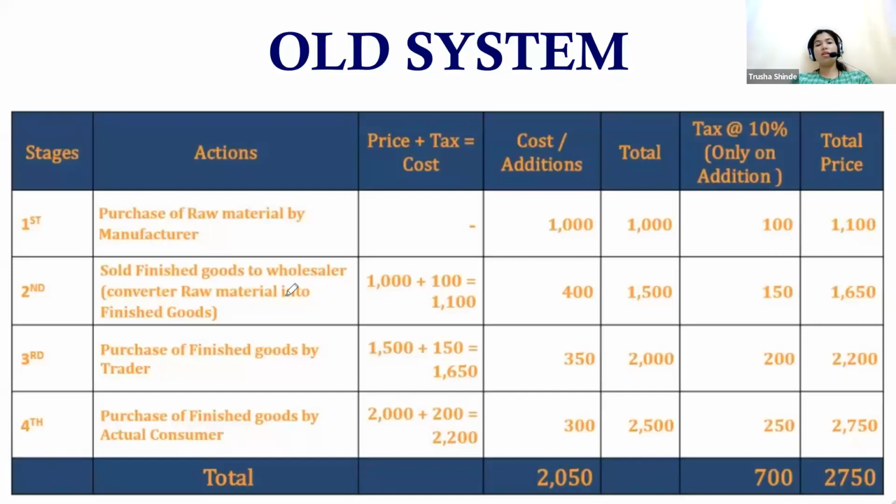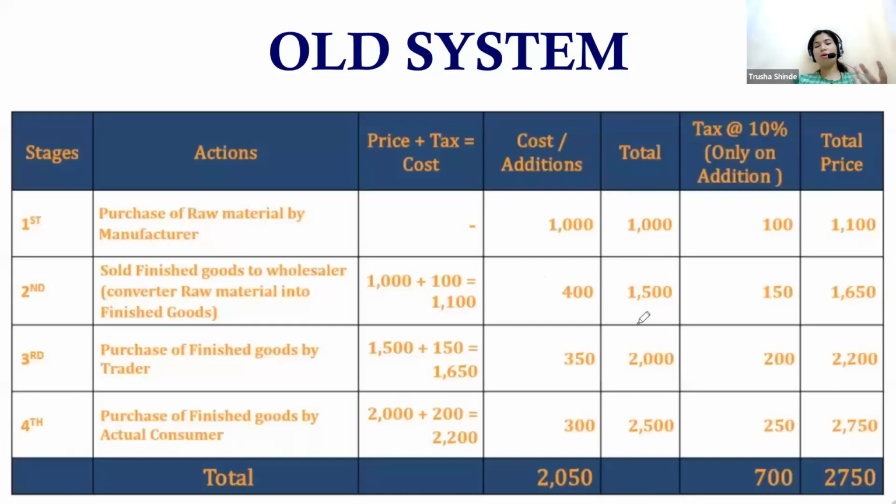Now the wholesaler is going to purchase that particular goods, because the manufacturer converted the raw materials into finished goods. Now the wholesaler comes into the picture and purchases that product. What is the cost for him? The manufacturer takes the cost he was bearing, that is 1100, and adds his profits.